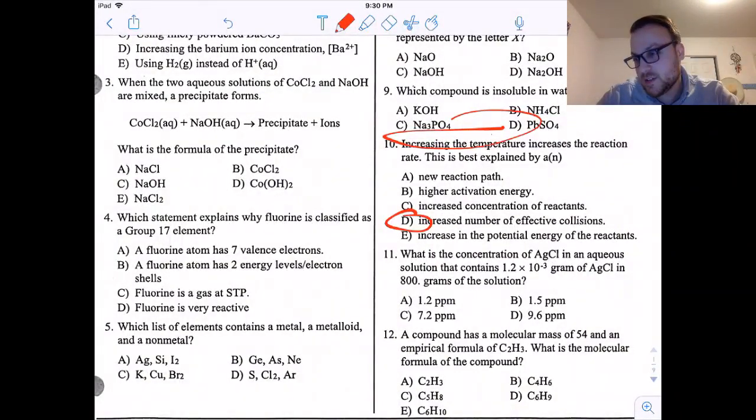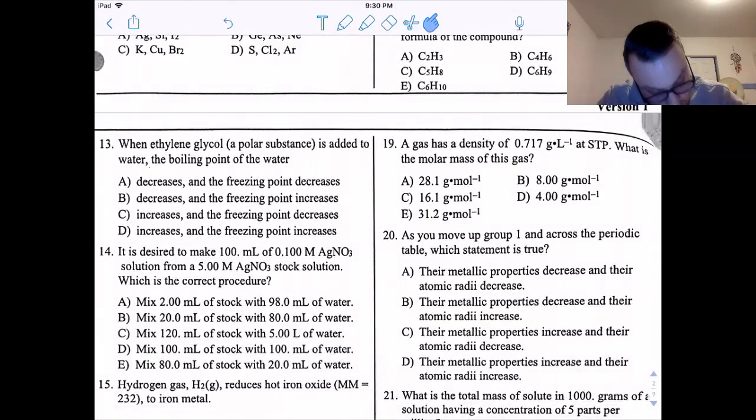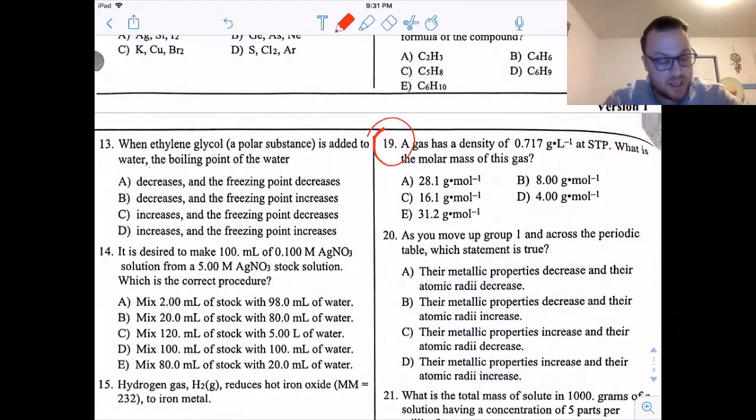19. Hey, so a gas has a density of 0.717 grams per liter at STP. What is the molar mass? So, I see STP. I see molar mass, moles. I have grams per liter, STP at liters. 1 mole at STP is 22.4 liters.